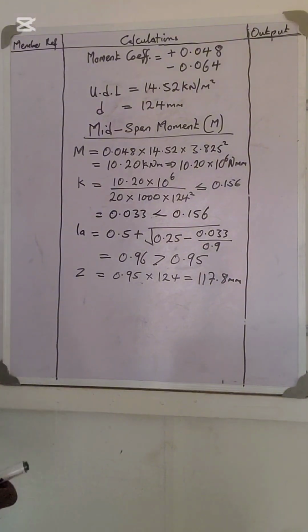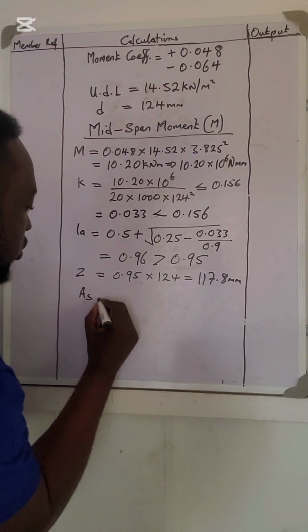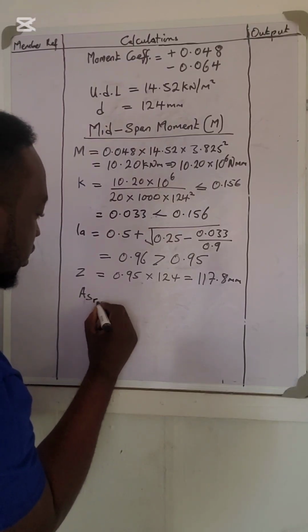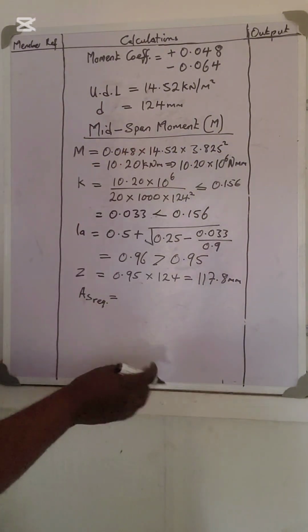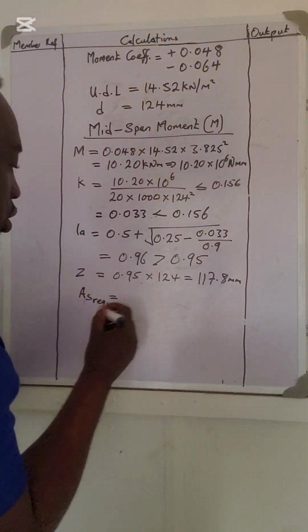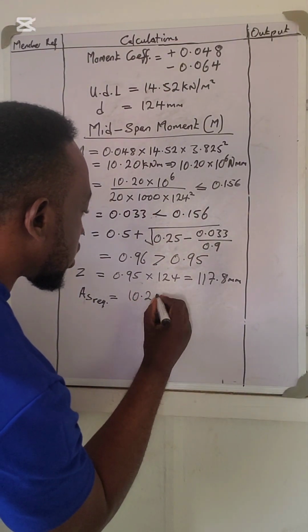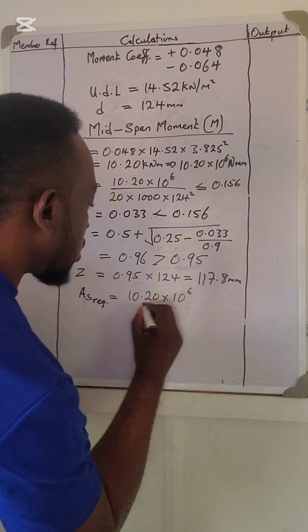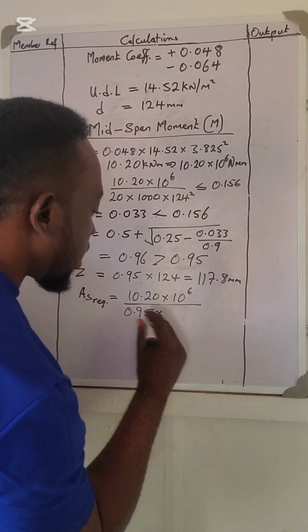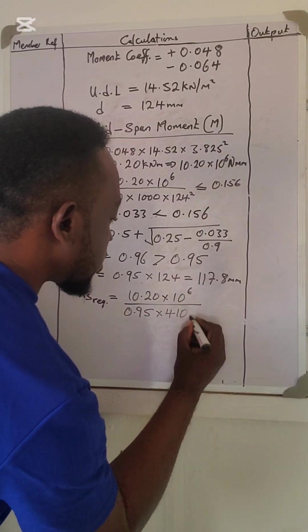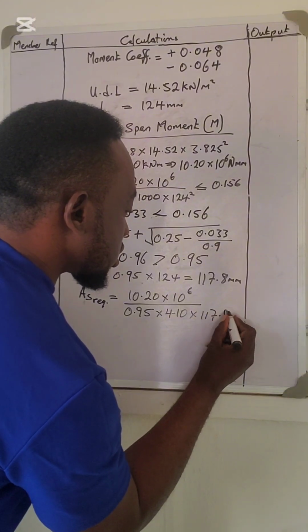So we'll continue. We'll now solve for AS required. This is the AS required for the structure to be safe. So AS is equal to 10.20 times 10 raised to the power 6 over 0.95, which is a constant, multiplied by 410, which is the characteristic strength of steel, multiplied by our Z, 117.8.